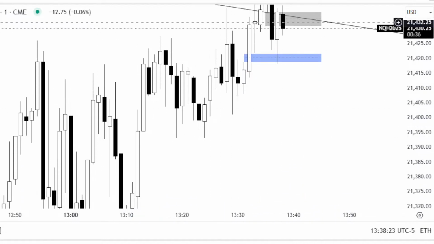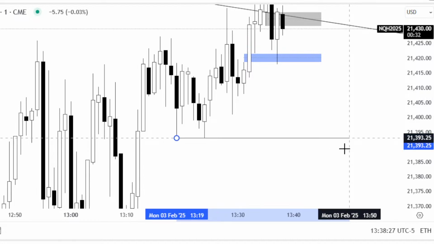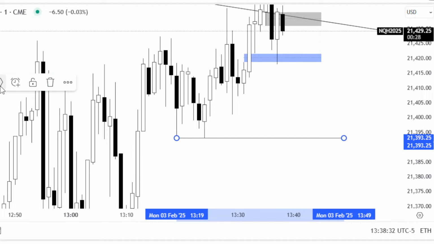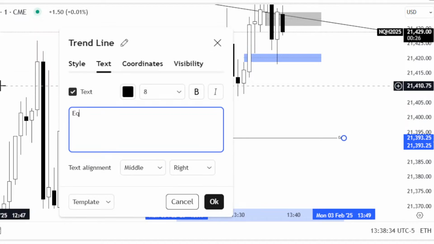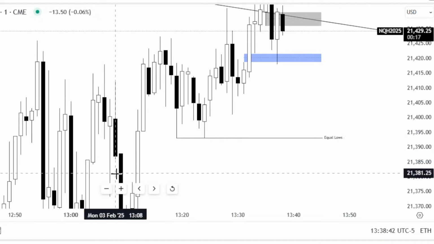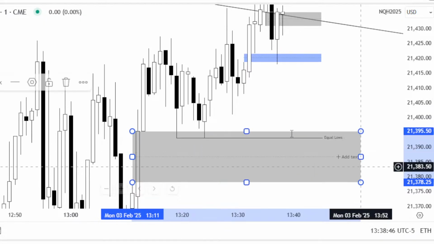Then I would look to target equal lows here. Let's call it equal lows. Equal lows here, and it's perfectly positioned in a fair value gap.